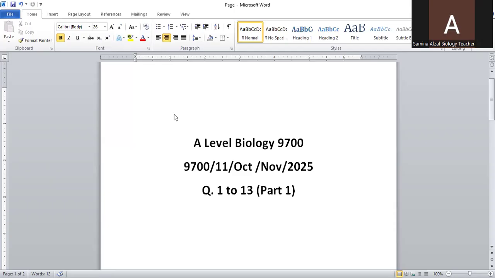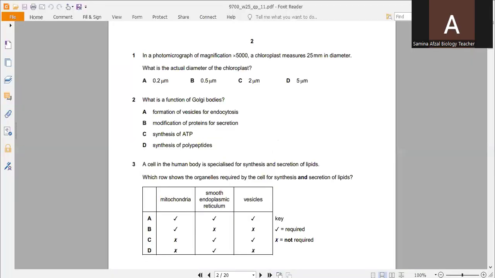So question number 1 is, in a photomicrograph of magnification 5000, a chloroplast measures 25 millimeter in diameter. What is the actual diameter of the chloroplast? For this purpose, first of all, we will go with the formula of magnification, which is equal to diameter of photomicrograph divided by actual diameter.